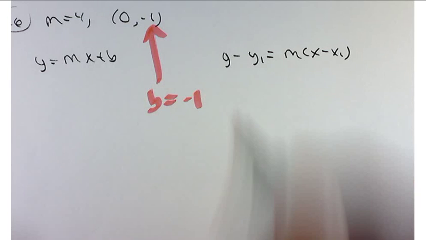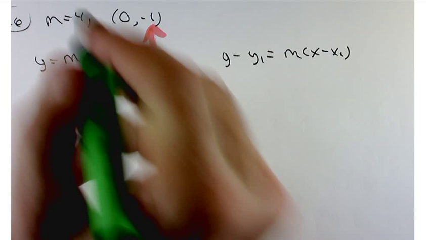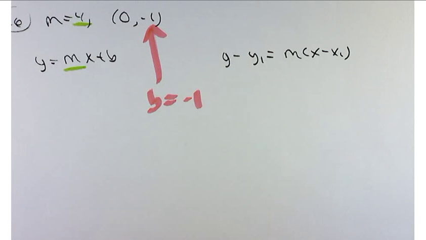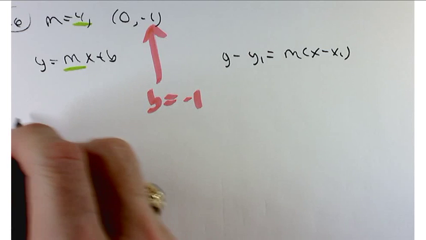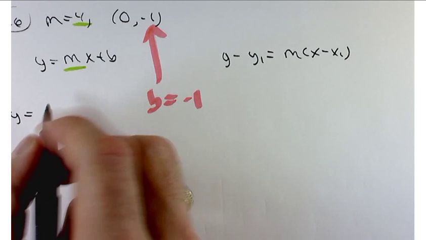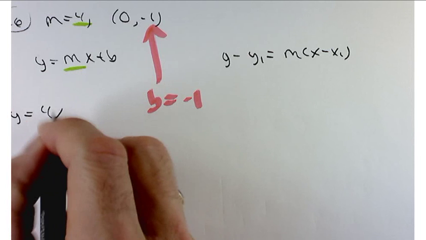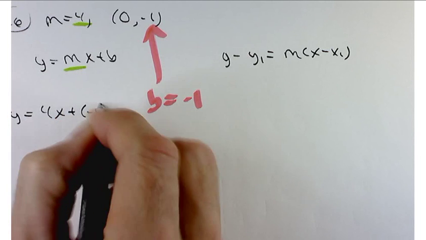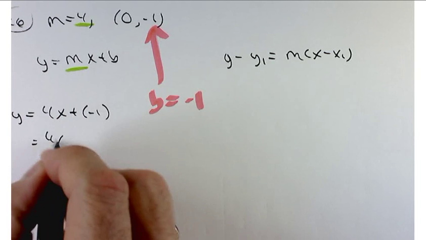So b equals negative 1. And they've given us the slope, right? The slope was 4. So we can plug it in. y equals 4 times x plus negative 1, or better yet, 4x minus 1.